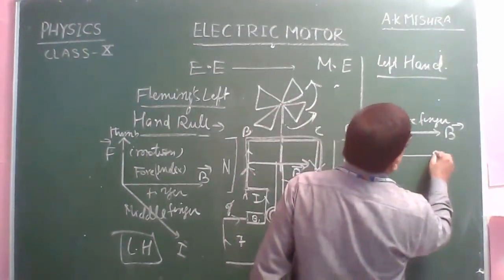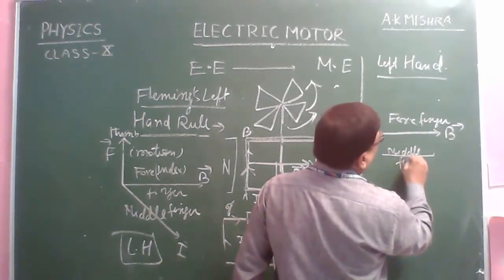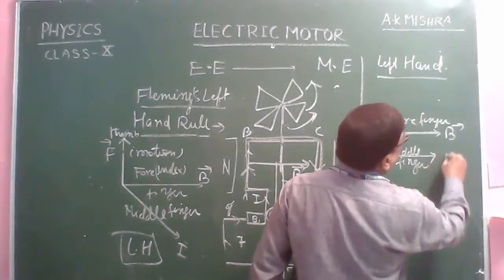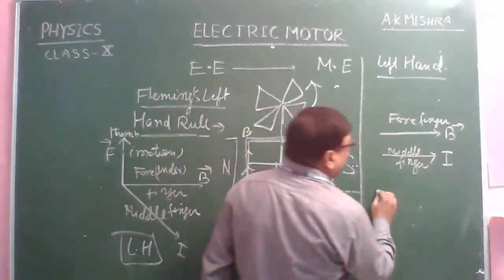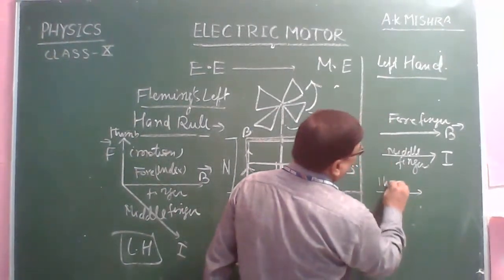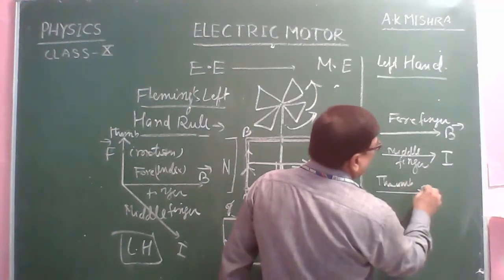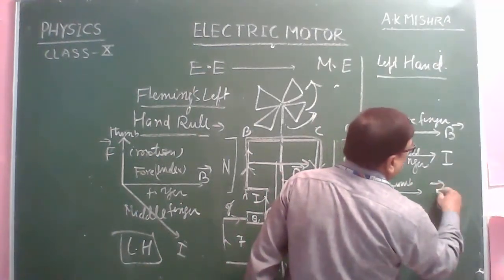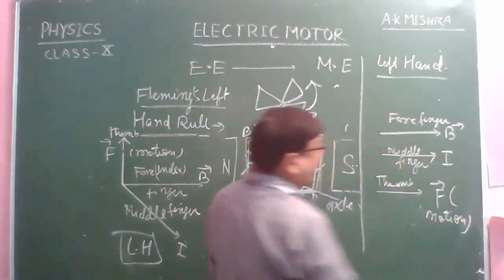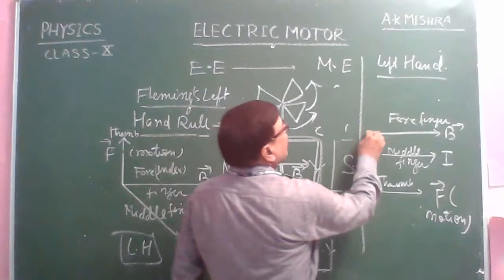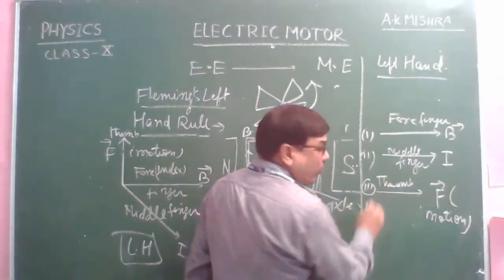Second, the middle finger indicates the direction of flow of current. Third, the thumb is the direction of force, or motion. This is the first part, the second part, and the third is the final conclusion.